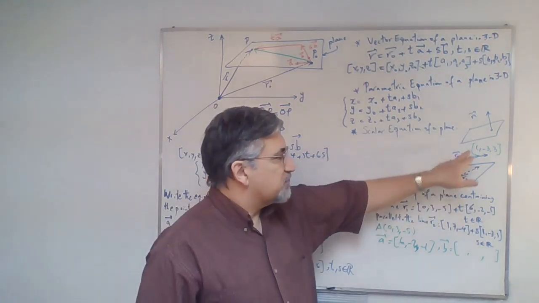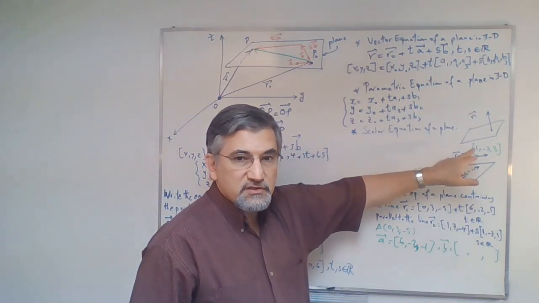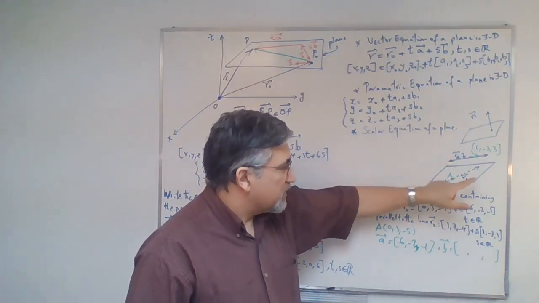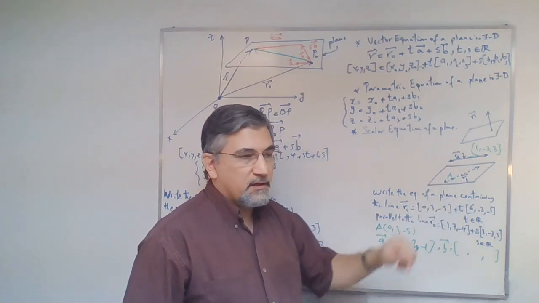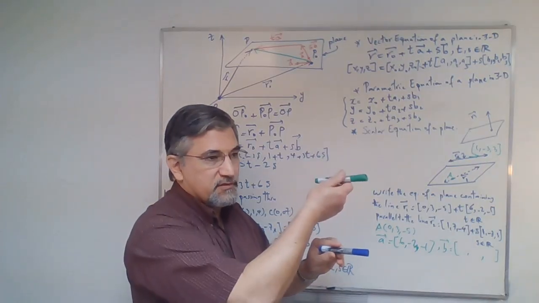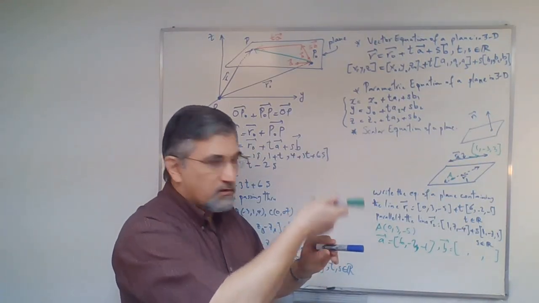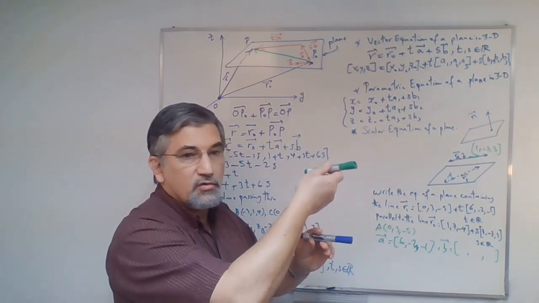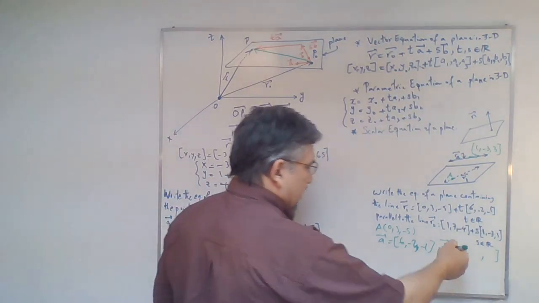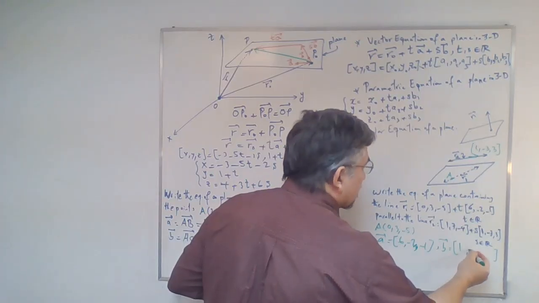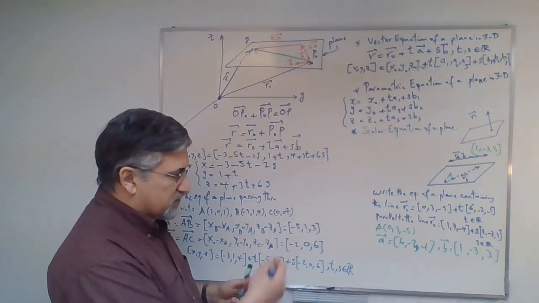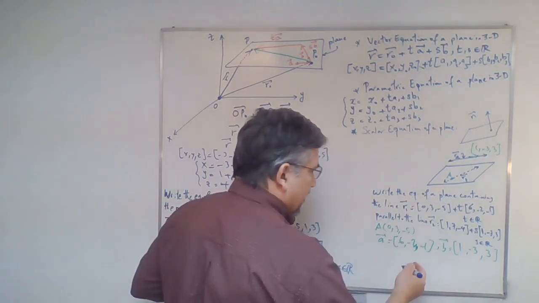So some vector that is parallel to this direction vector of the line, and it's perhaps a multiple of that, could be considered on the plane. So one vector is on the plane, one vector is on the line, and these two are parallel. They are collinear vectors. One is a multiple of the other. So I can choose that vector 1, -3, and 3. And with these two vectors and 1 point, I can write the equation of the plane.